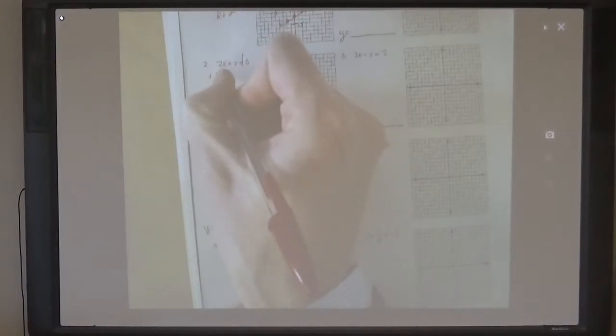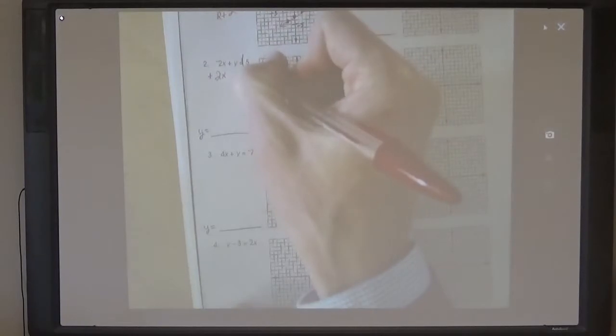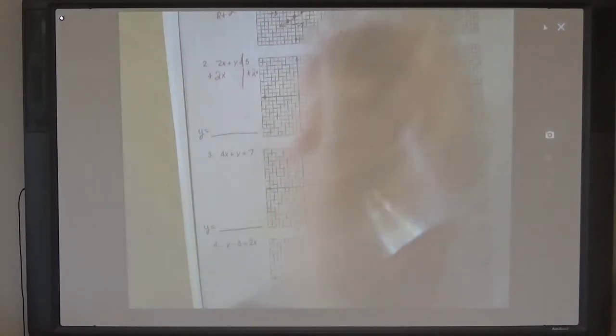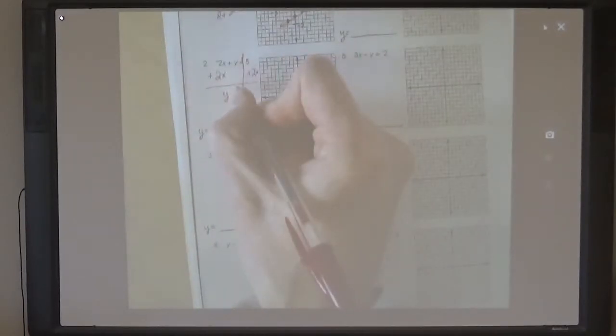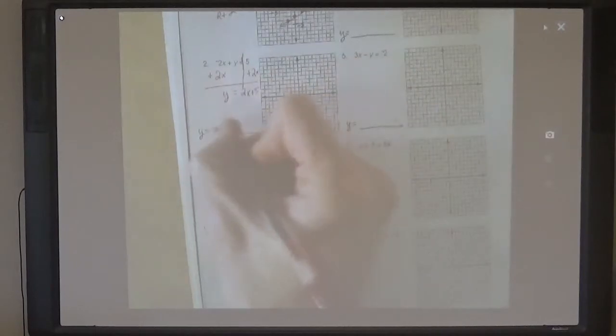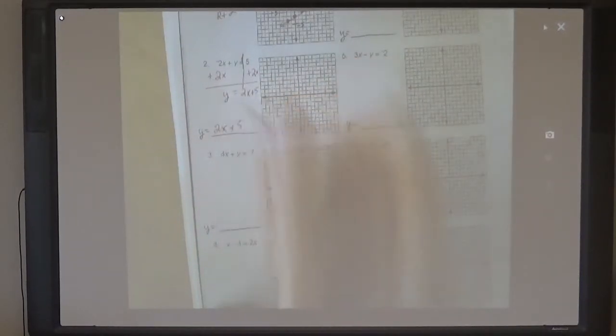So add positive 2x to the right side. Simplify it so that it says y equals 2x plus 5. So we solved it for y in one step.